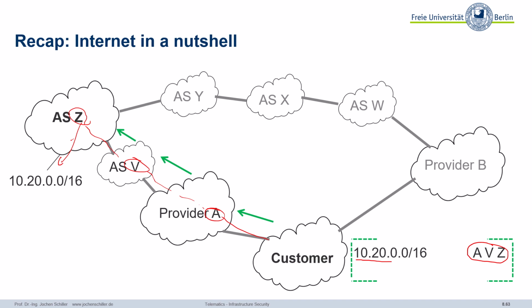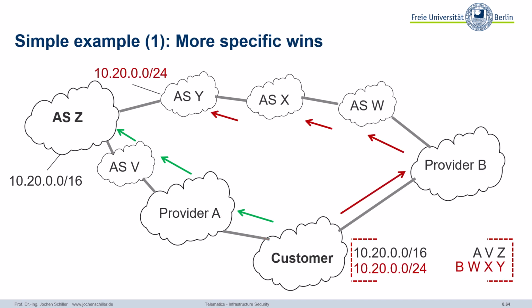Okay. And we also know that we try to take paths that are more specific. So if, for example, we have a second path going this other way here, then this path may win.